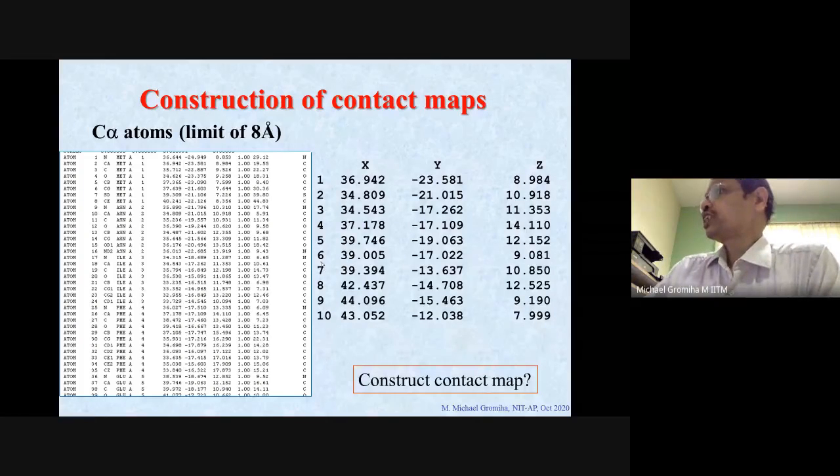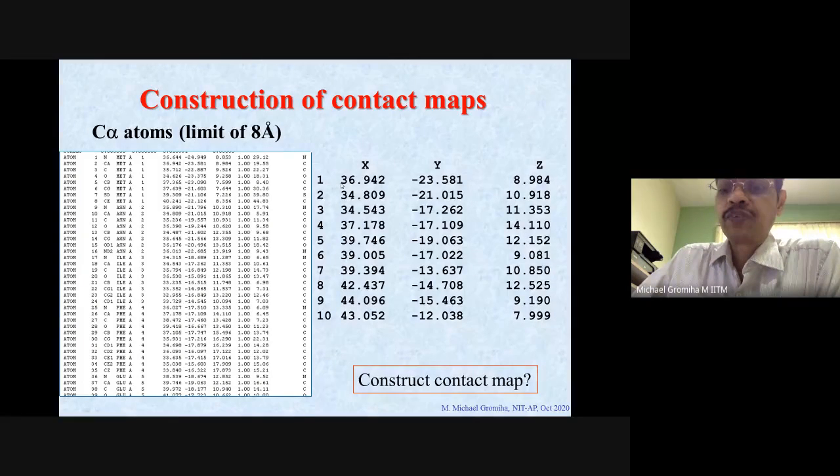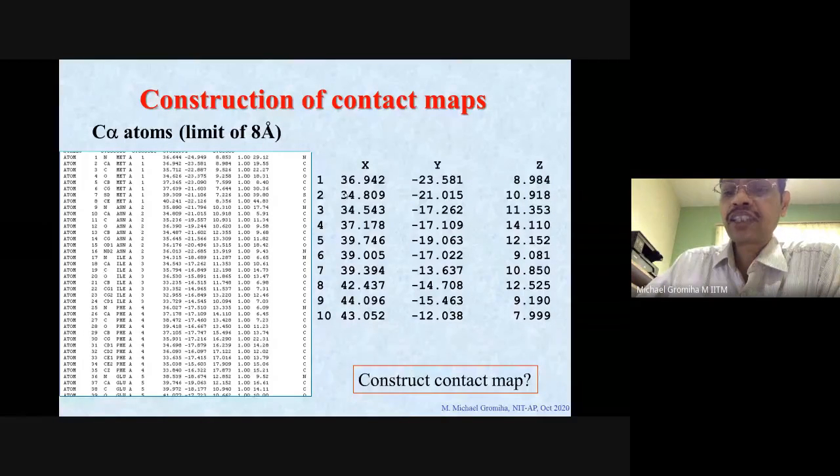Okay. So my question is, if 1 and 2 are in contact or not? Yes or no? If you calculate the distance, whether the distance is less than 8 angstrom or not? I don't need the exact number.